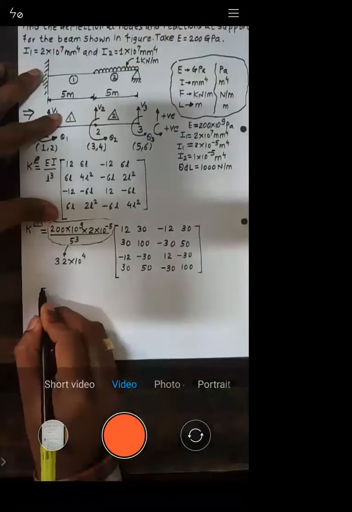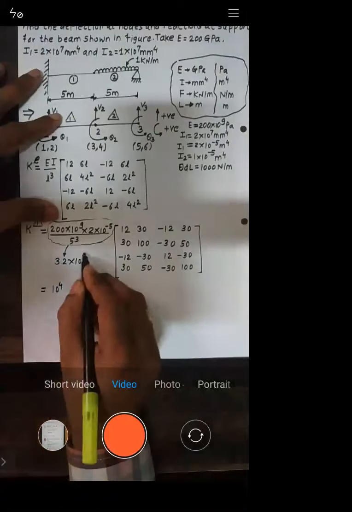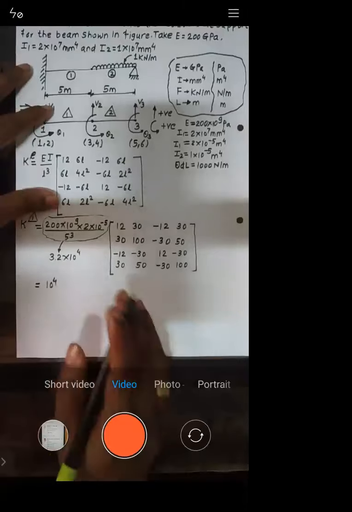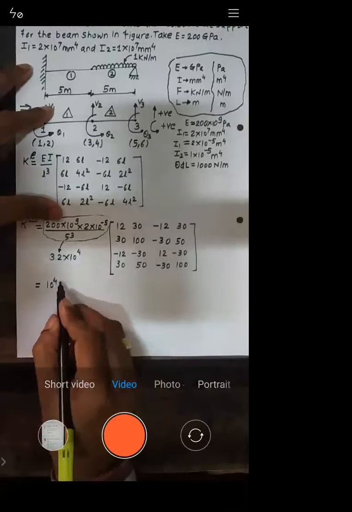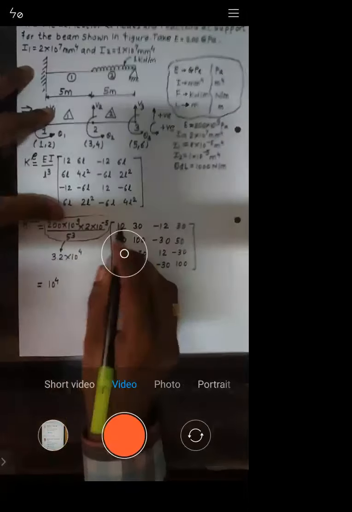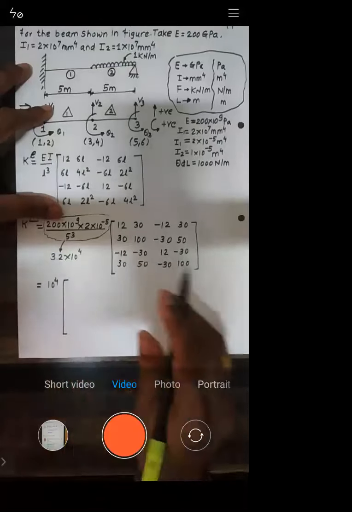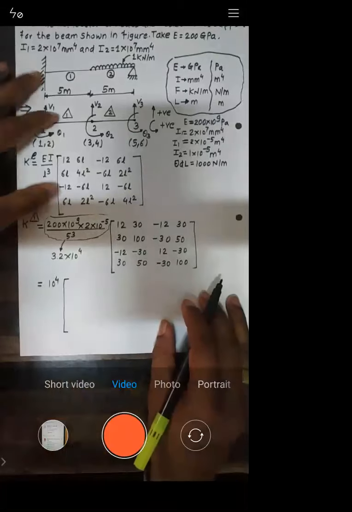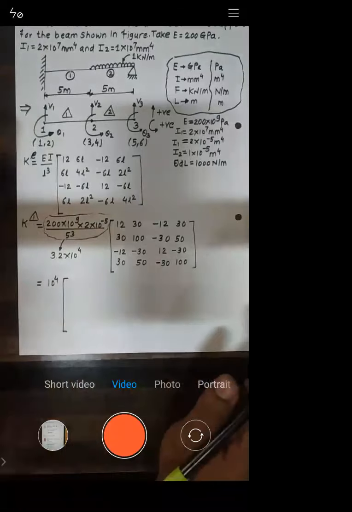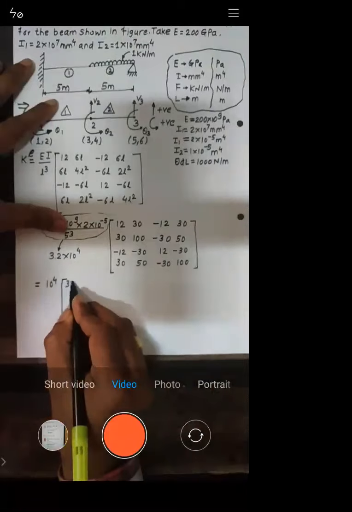So what we will do is keep this 10 raised to power 4 outside, because if you multiply this 32,000 inside, you need to do the calculation with more terms. So I'll take 10 raised to power 4 outside and multiply 3.2 to 12. Are you able to get it? 3.2 into 12, how much? 38.4.